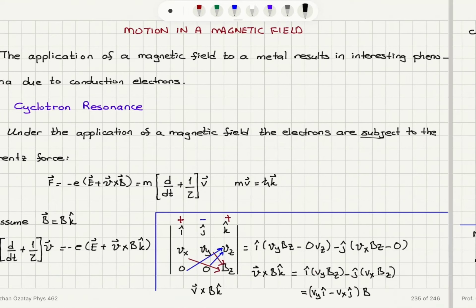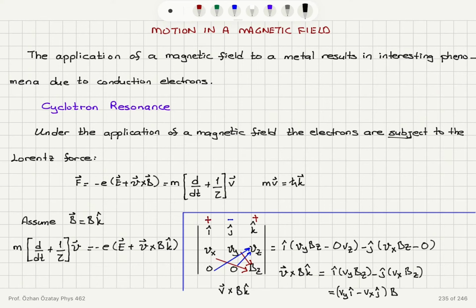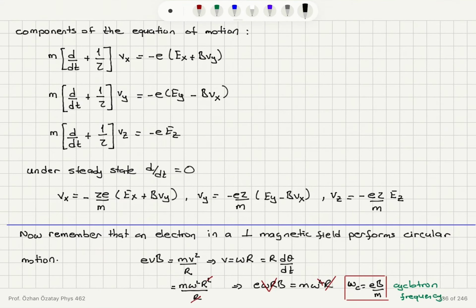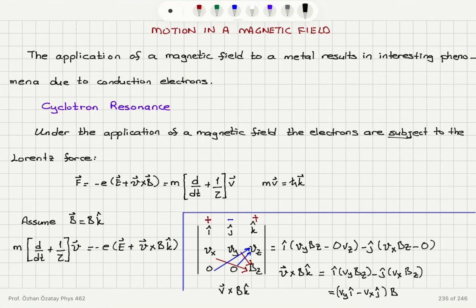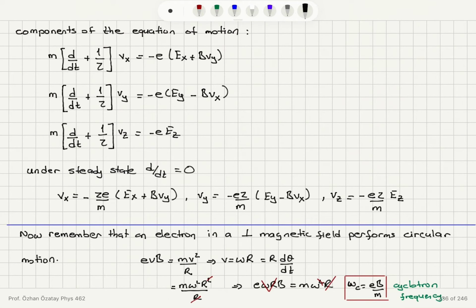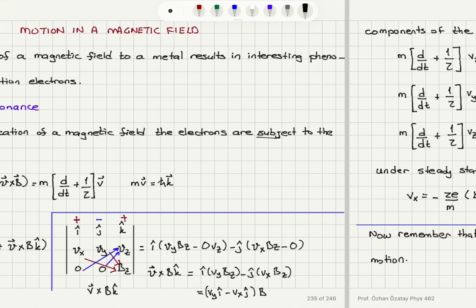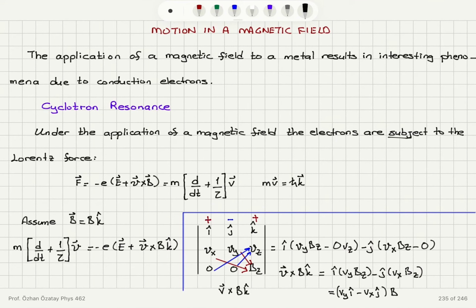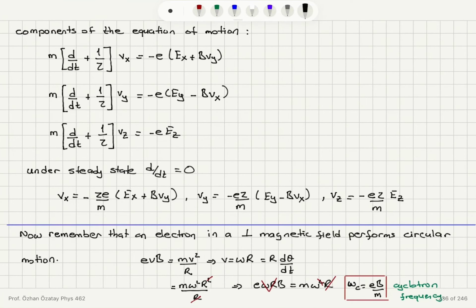For the x component, we have m dvx/dt plus 1 over tau vx is equal to minus e times the electric field x component, plus B vy, which is the x component of the cross product. You can see here i hat contains vy and B. For the y component, we have on the right hand side minus e Ey, and for the j hat part, you can see we have minus B vx.